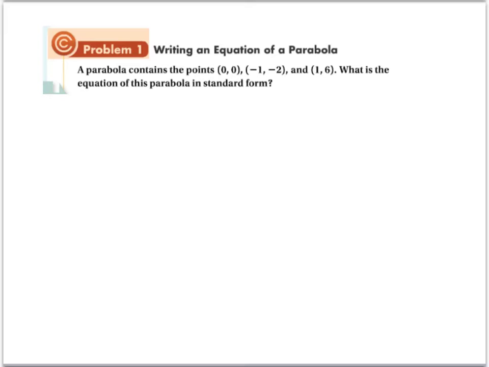A parabola contains the points, just meaning it passes through the points (0, 0), (-1, -2), and (1, 6). What's the equation of this parabola in standard form? Well, recall standard form. y equals ax squared plus bx plus c. If we're going to write standard form, then we need a, b, and c values.